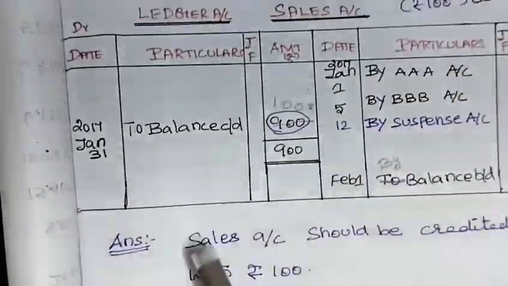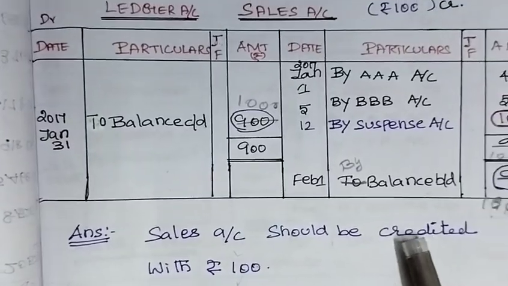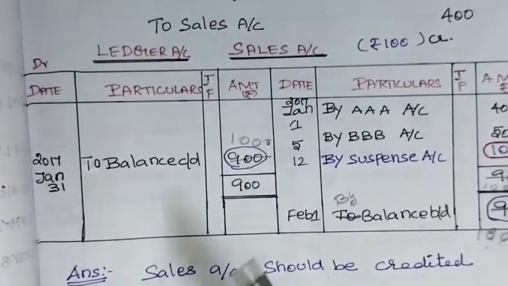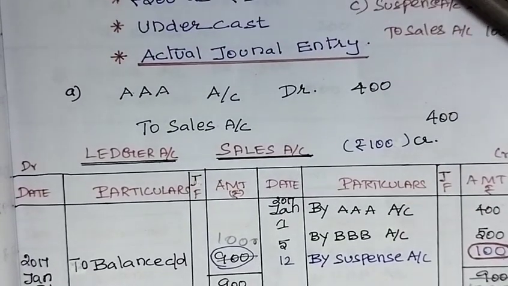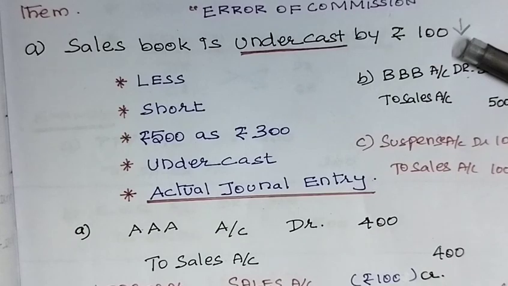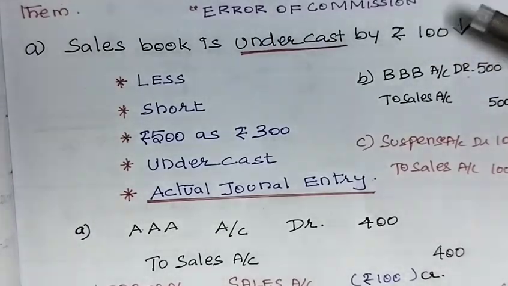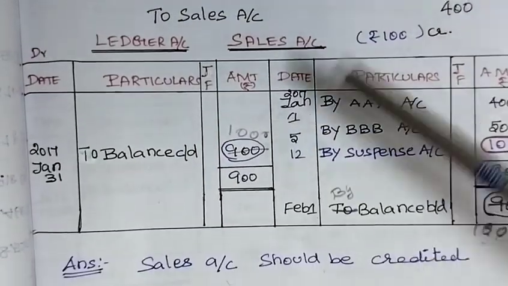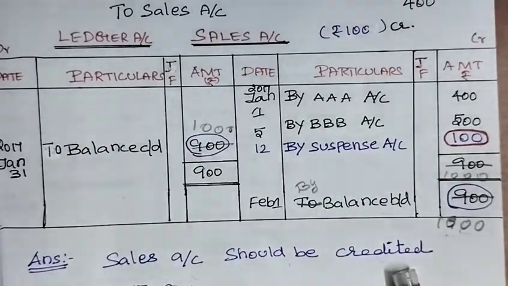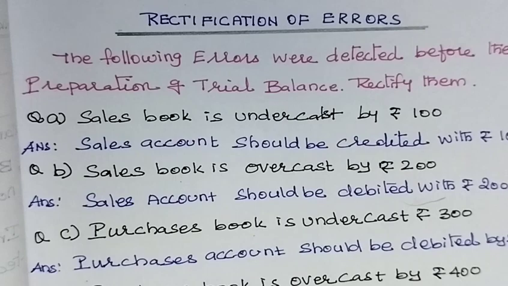What is the answer? Sales account should be credited with rupees 100. This is the answer. But I explained how we rectify this 100 rupees error. We rectified this shortage of 100 rupees, so sales account should be credited. Do you understand? Okay.